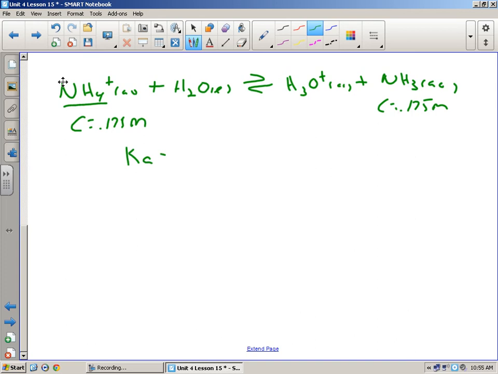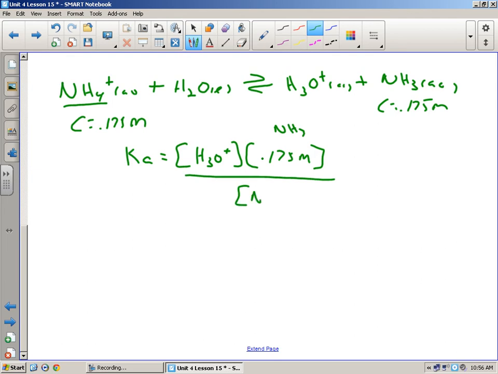So the Ka in this case would be of course, H3O plus, which we don't know, times 0.175 molar for the NH3 here, over our NH4 plus, which is 0.175 molar. That's your NH4 plus there. Okay, those two can cancel.